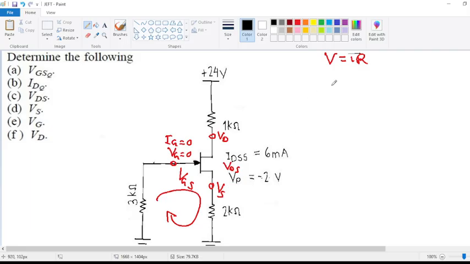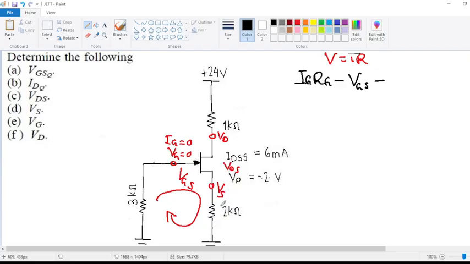Okay, so we will start. We're going to have this formula here. It will be the current that goes through that 3K here. It is the IG. So we have our IG there. We multiply by the resistor given there, which is our RG, minus VGS, minus the voltage at this point here.